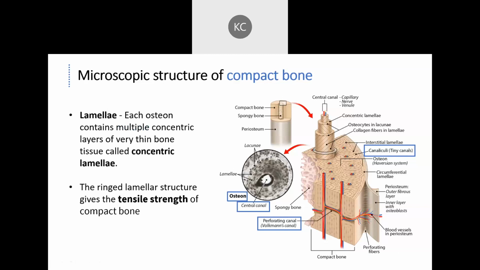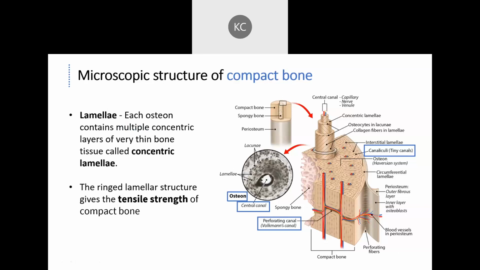Lamellae are these circular rings of bone tissue made up of different cells and some collagen fibers, arranged in circles. In this histological image here, this whole circular structure is an osteon. Making up the osteon are individual rings that go around, and those individual rings are called lamellae.